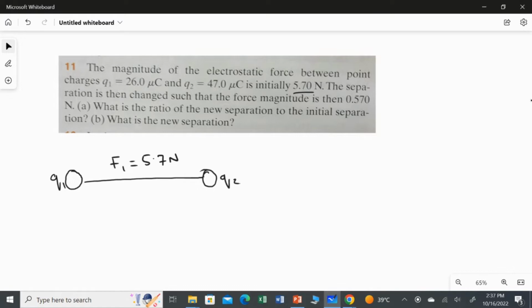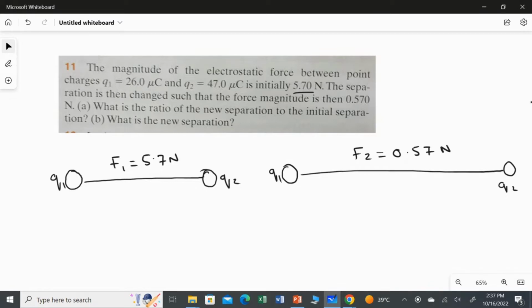So if you see the diagram, Q1 is here, and let's take Q2 here. Now, what happened to the distance? The distance increased. Whenever the distance increases, the magnitude of the force will decrease. For that reason we got the second answer, force is 0.57 Newton. Clear?